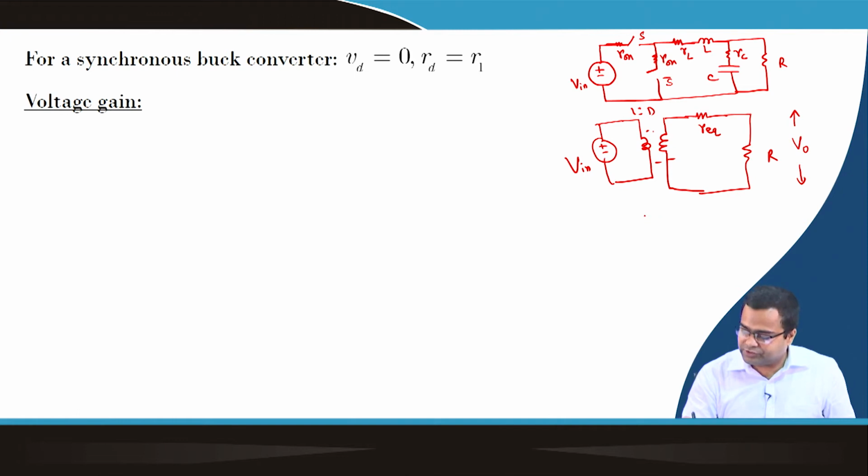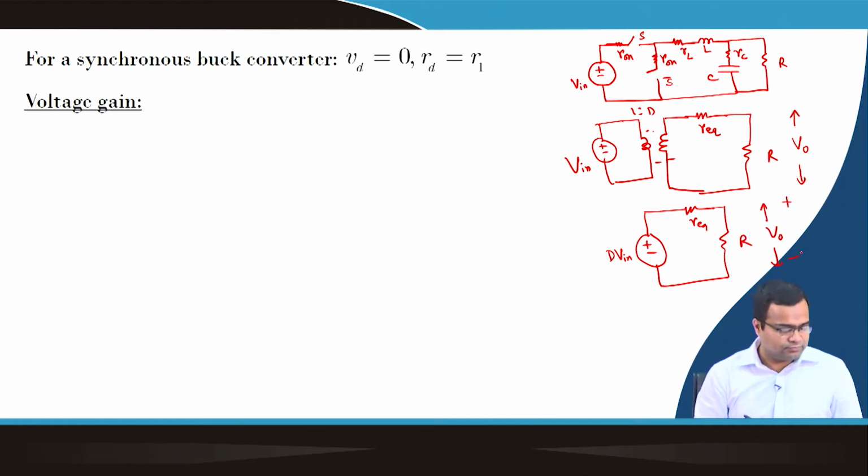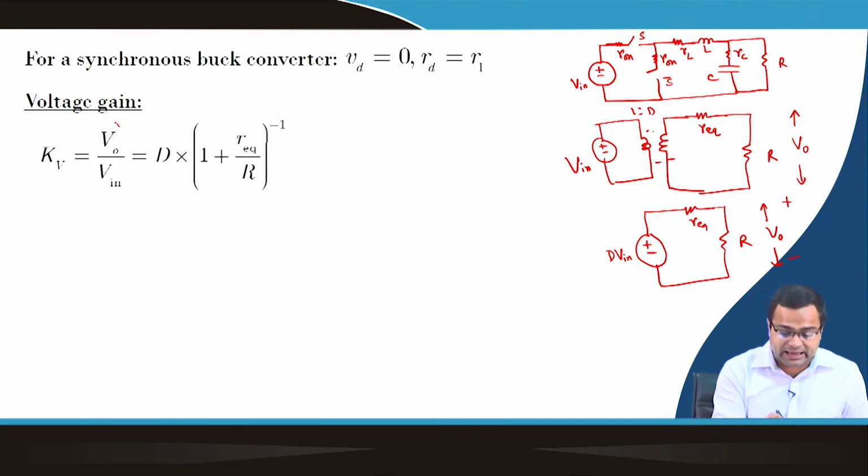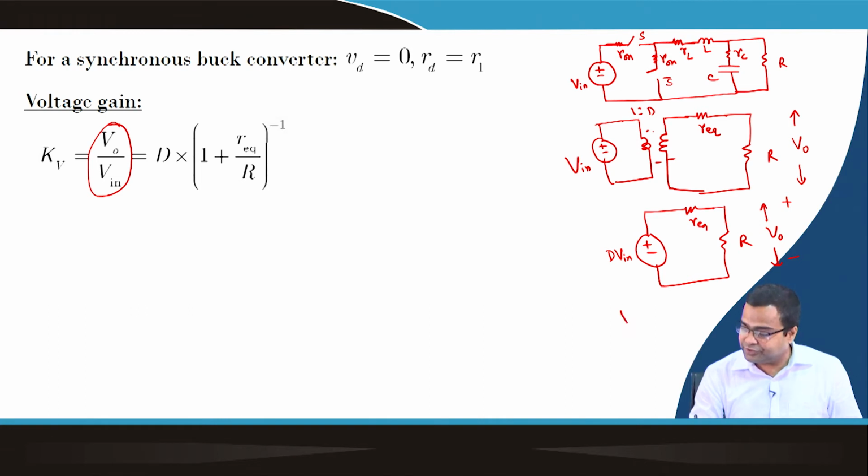That means if you transform, it will be D times Vin, R equivalent by R, and this is my capital V0. Okay. So that means my voltage gain, which is V0 by Vin. If you write V0, what you will get? You will get D into Vin into R by R plus R equivalent, right? Which is nothing but D times Vin into 1 by 1 plus R equivalent by R.